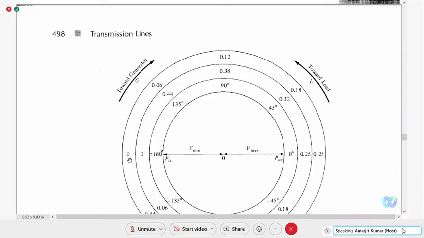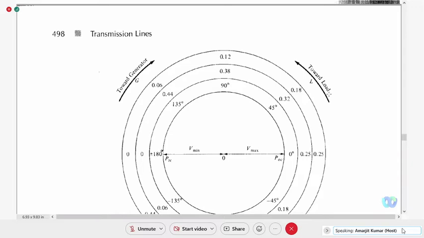This is the outermost scale, this is the middle scale, this is the innermost scale. So clockwise means toward the generator or away from the load, same thing. Counterclockwise means we are moving toward the load, which means away from the generator, same thing.